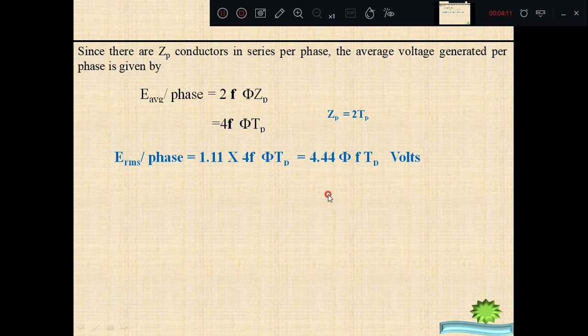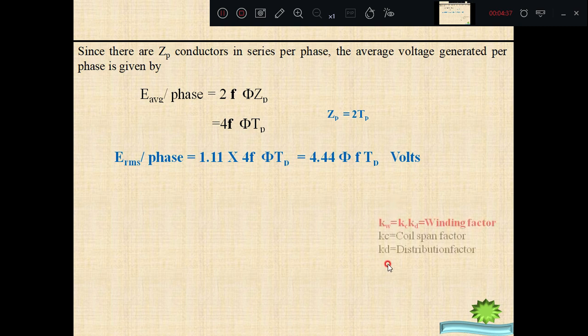Here the alternator is wound with short pitch winding as well as distributed winding to reduce the harmonics in the waveform and to get a sinusoidal waveform. Those two factors you have to take into consideration while determining the magnitude of the induced voltage.